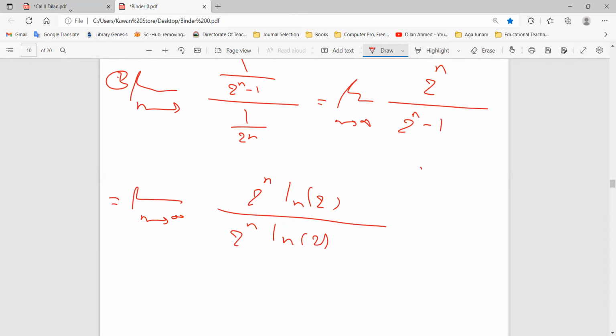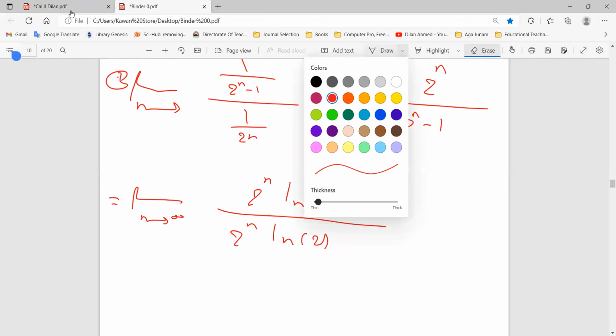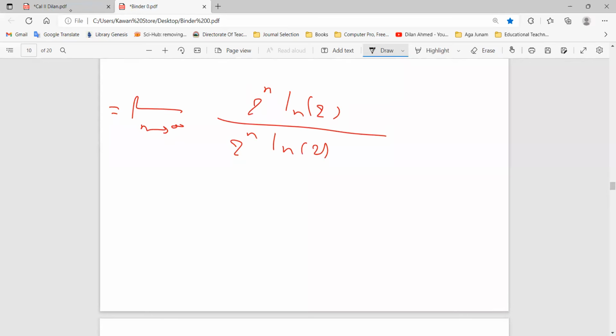Derivative of a to the power u is equal to what? Itself times u prime times ln of the base, right? Understood? Good.